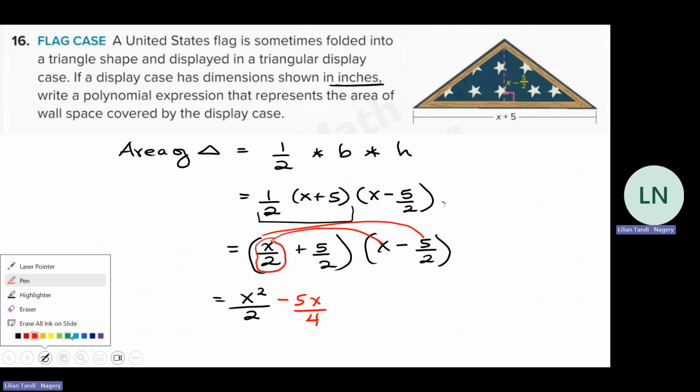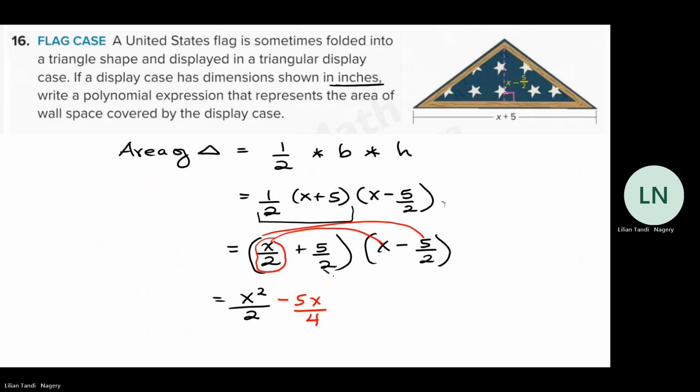Then now I want to do this with this, which will give me plus 5x over 2. And then will give me minus 25 over 4. Like that. Now, I don't have friends.